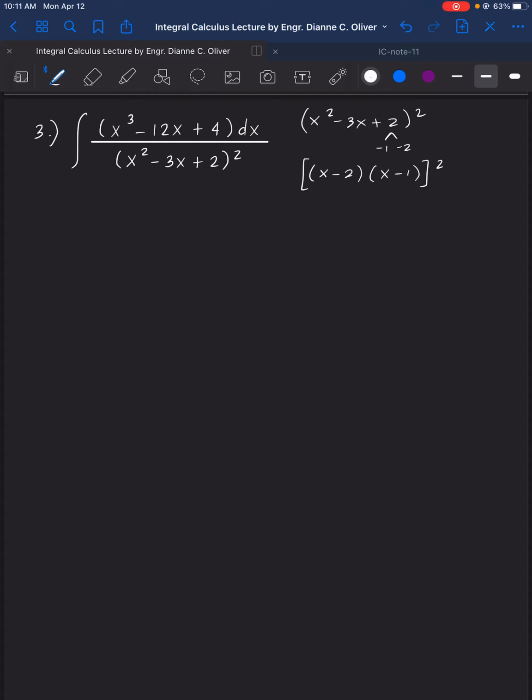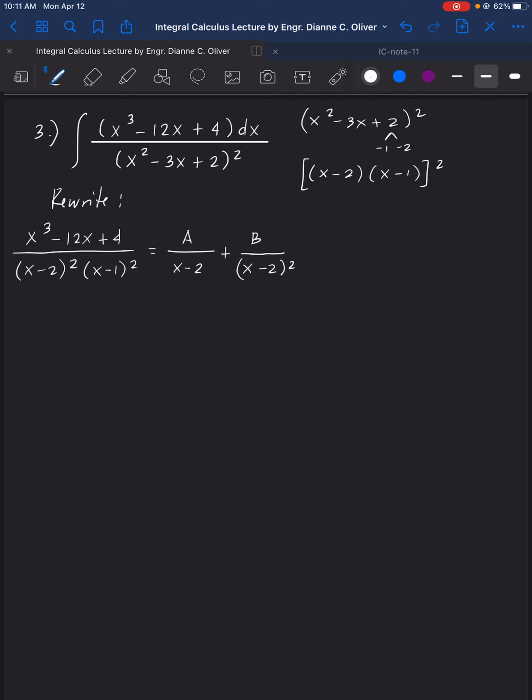Therefore, we can rewrite this as x raised to 3 minus 12x plus 4 all over, the factor here is (x minus 2) squared times (x minus 1) squared, is equal to a over x minus 2 plus b over (x minus 2) squared.